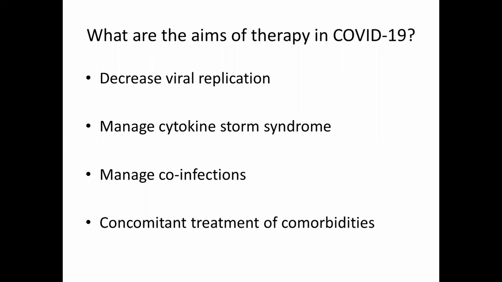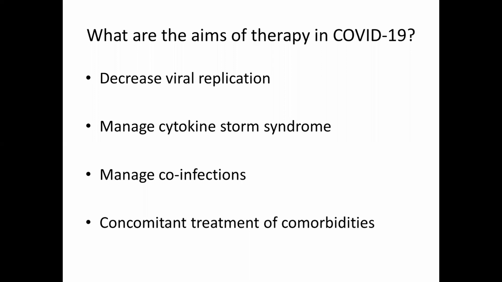the virus available for more receptor attachment, is to decrease the viral load. We also know that there are inflammatory mediators that follow this immune activation process, and so we want to manage the cytokine storm and manage co-infections.